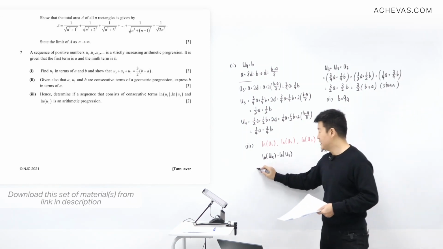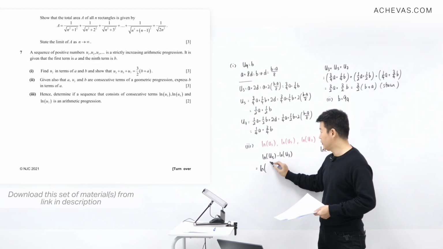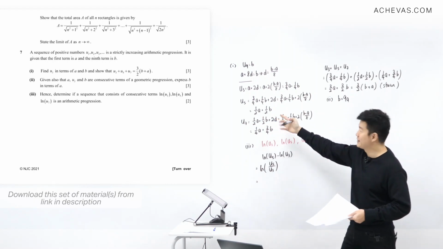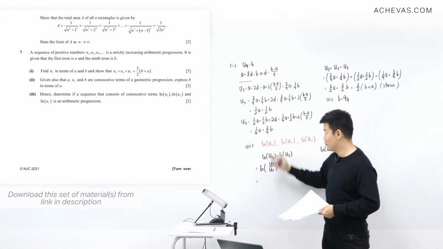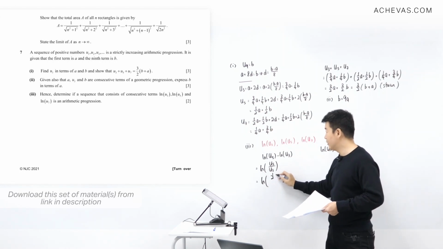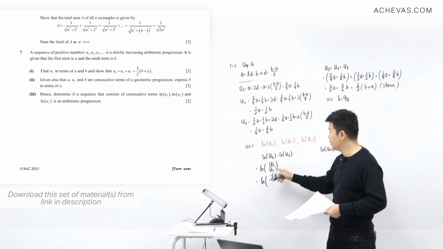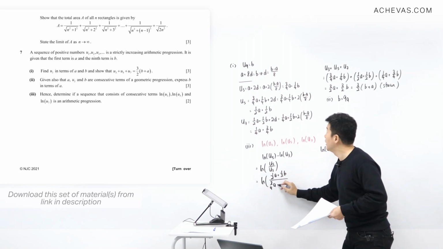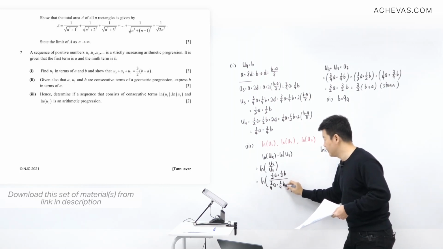So this is equal to ln of u5 over u3. And I'm glad that we have used this, because I have direct access to u5. So this is going to be ln of (half a plus half b) divided by u3. u3 is 3/4 a plus 1/4 b.